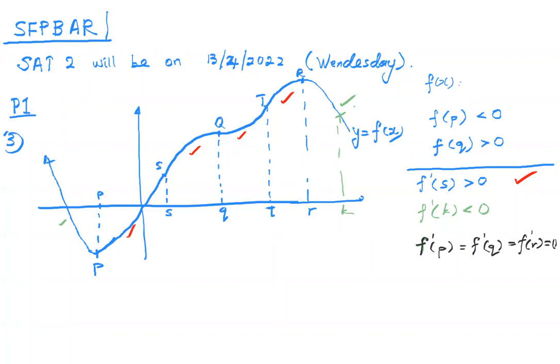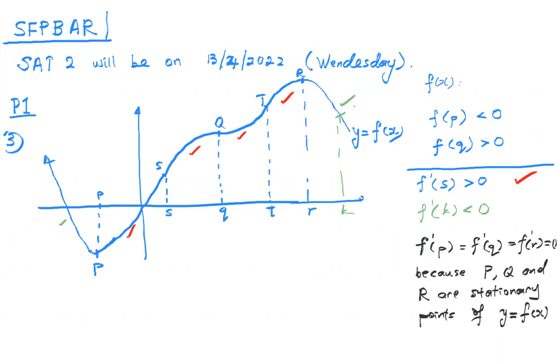You see, you all say the gradient is 0. You say like that, that's why you always get confused. You have to say it like this: because P, Q, and R are stationary points of y equals f(x).